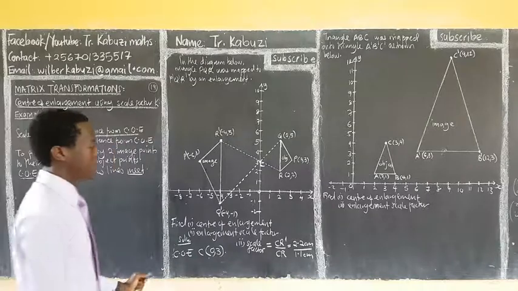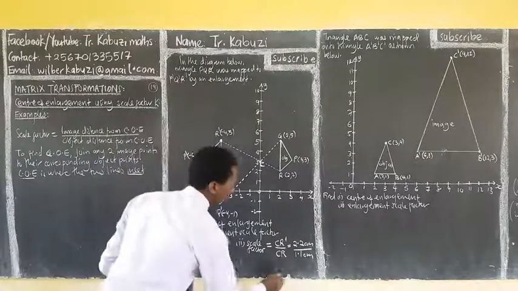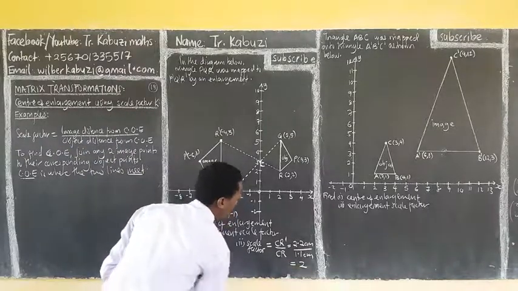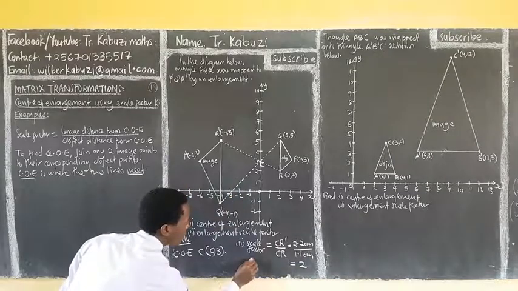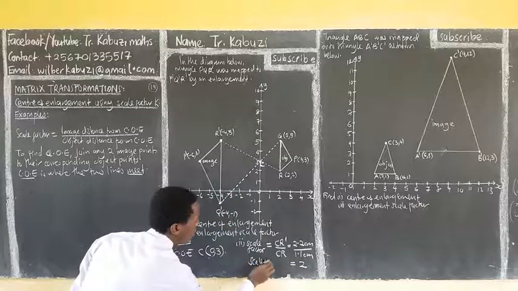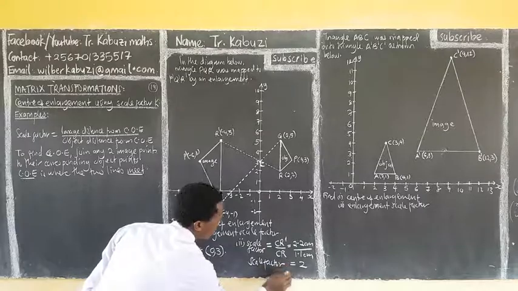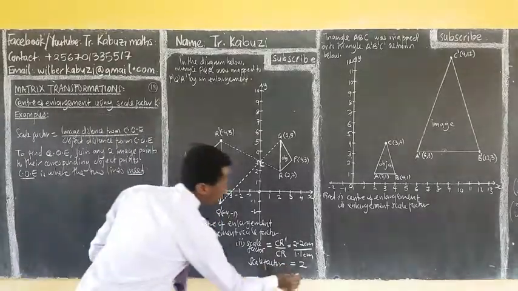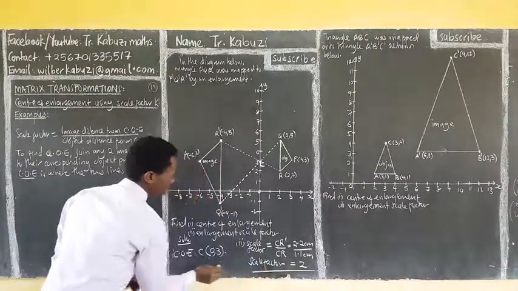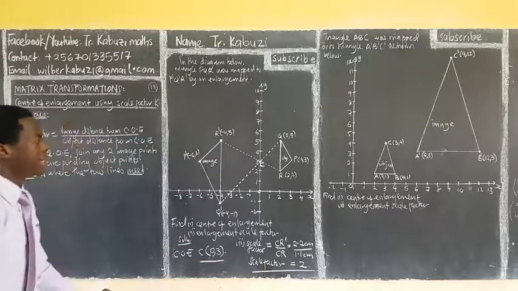And there, members, you see, when we divide, this is going to give us 2. So now our scale factor is going to be 2. Like that with ease. So that's how we handle that.